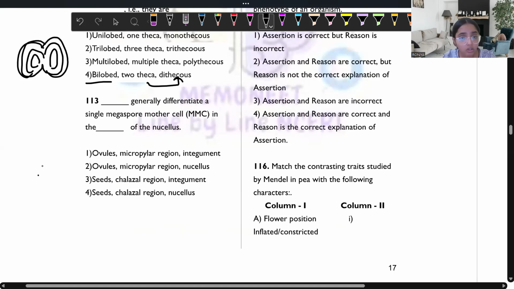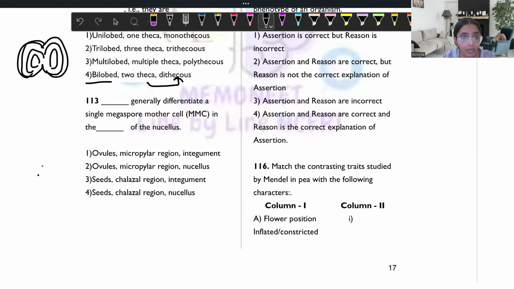What does it say? Dash generally differentiates a single megaspore mother cell in the dash of the nucleus. So the answer to question 113, let us see. Dash generally differentiates a single megaspore mother cell in the dash of the nucleus.